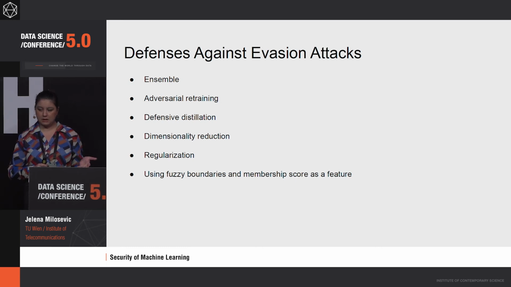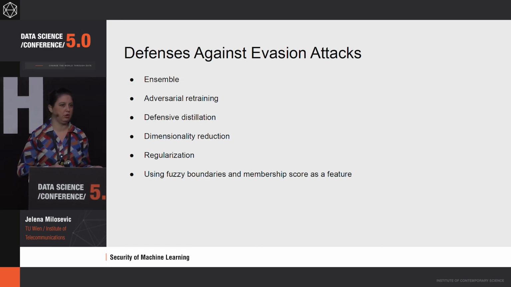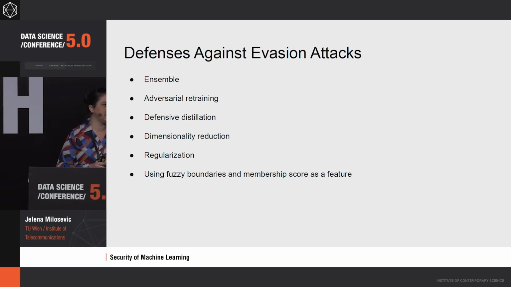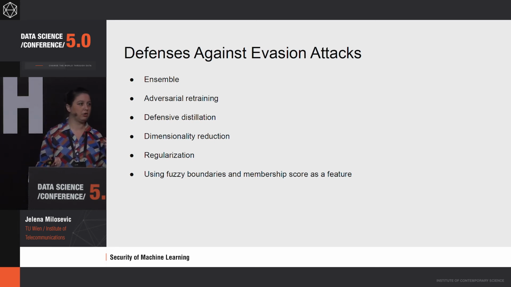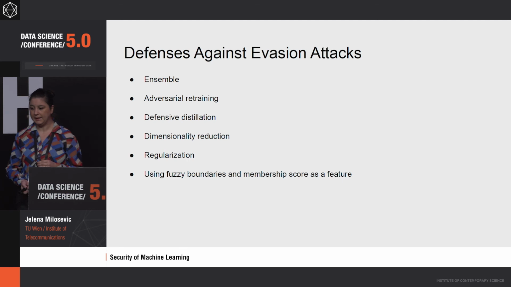The next thing that is proposed is regularization, and this means that we basically penalize those features that are marked as somehow very important, and we avoid assigning a very high value to them. Of course, the problem with this is that we are creating a trade-off between accuracy and robustness in this way.